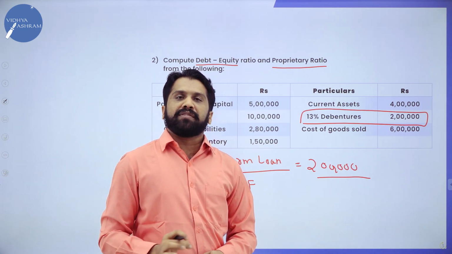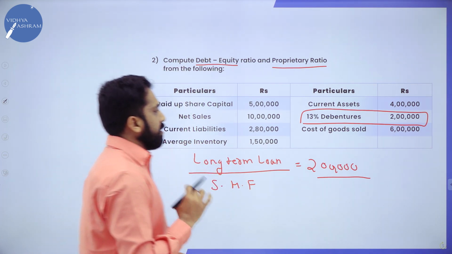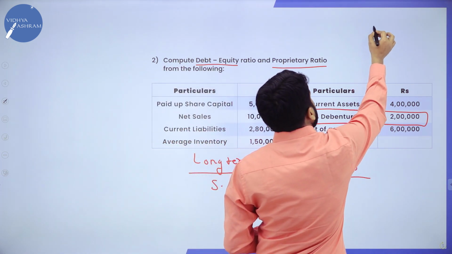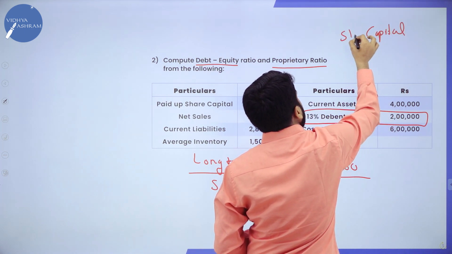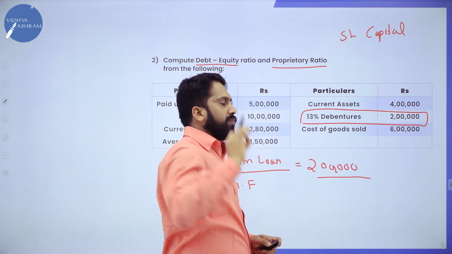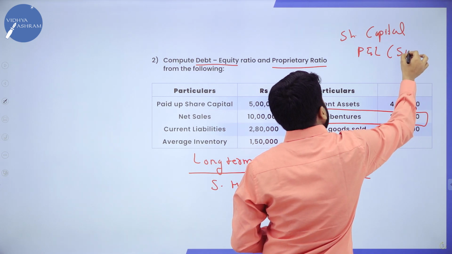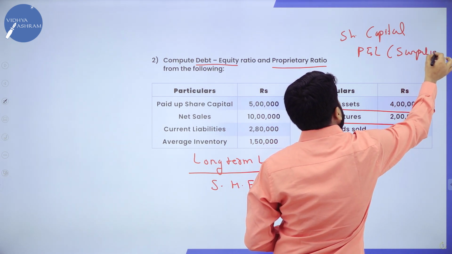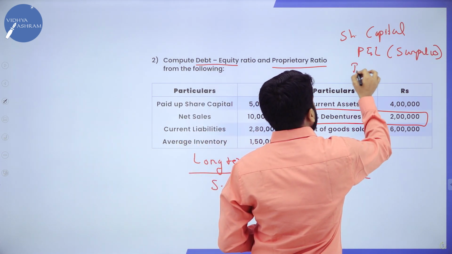For shareholders fund, I told you 3 things are there. Always remember, the first one is your share capital, the second one is profit and loss, which we also call surplus, and the third one is reserve.